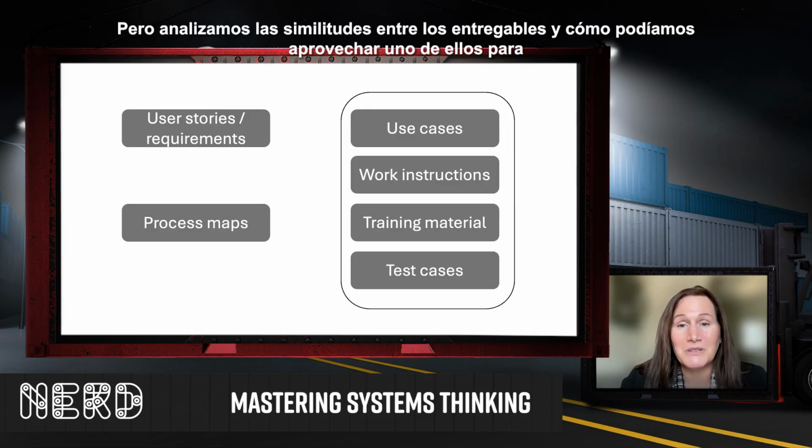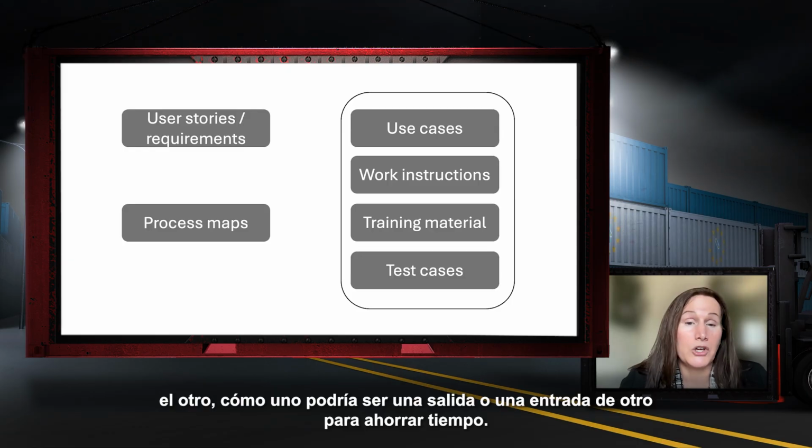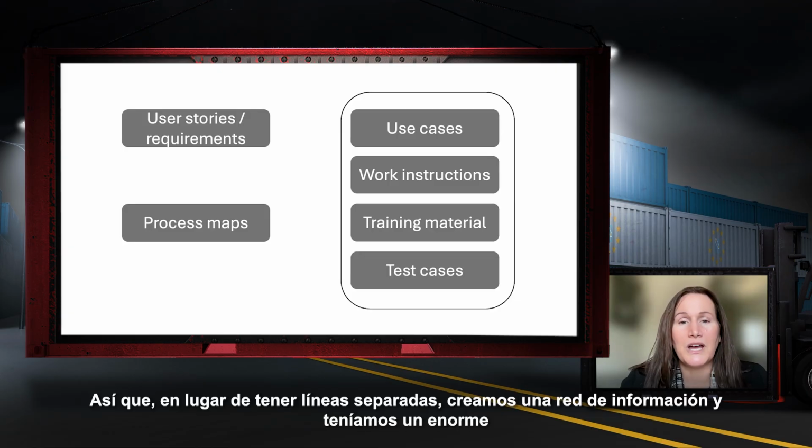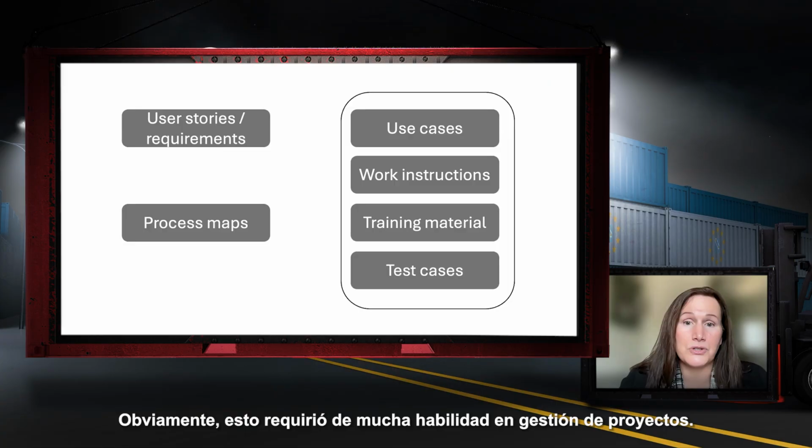But we looked at the similarities among the deliverables, how we could leverage one to the other, how one could be an output or an input to another to save time. So rather than having separate lines, we created a web of information and had a huge degree of collaboration among stakeholders. So obviously, this took a lot of project management skill.